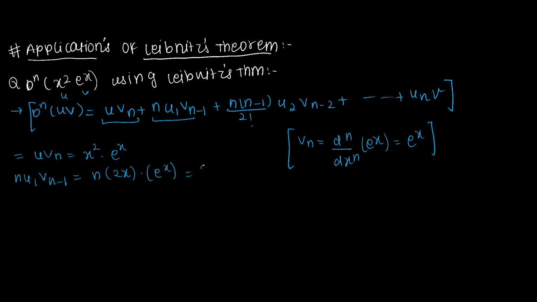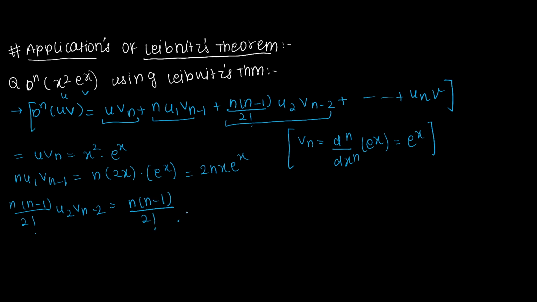Simplifying this, I'll be getting 2nx e power x. Solving the third term, I'll be getting n times (n-1) upon 2 factorial u_2 v_(n-2). The value of n(n-1) upon 2 factorial remains as it is, since the value of n is not given to us.